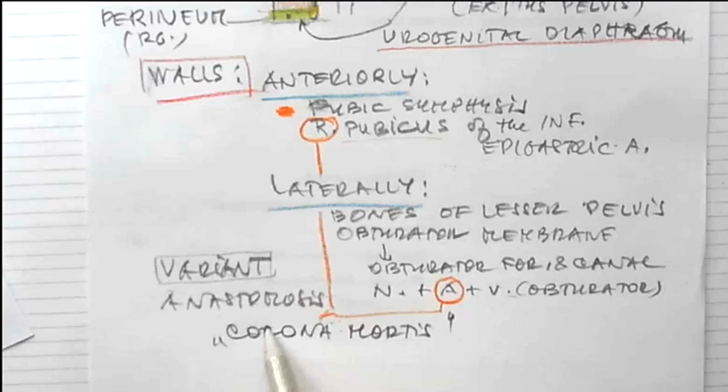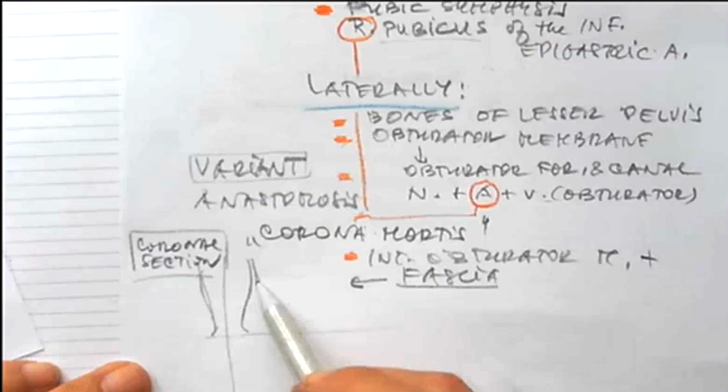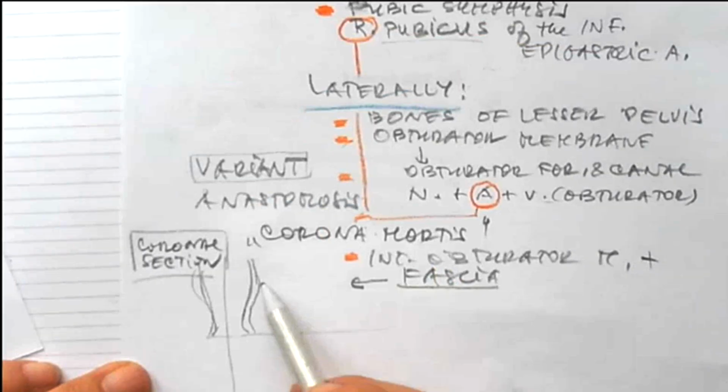Green, yes. We see the wall of the rectum, the anal canal, the floor. Then the wall of the rectum, fine. Attachment of the levator ani, then the internal obturator, and then the bone. And here is the duplicature. Look, if we are coloring the bone, this is the coronal section.